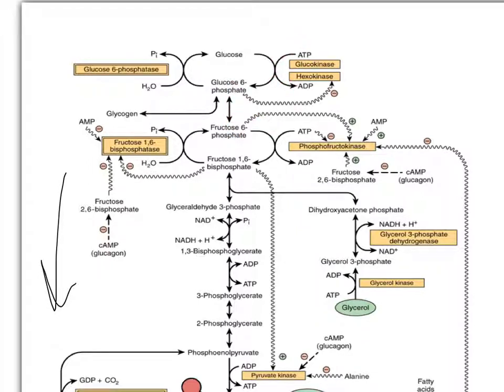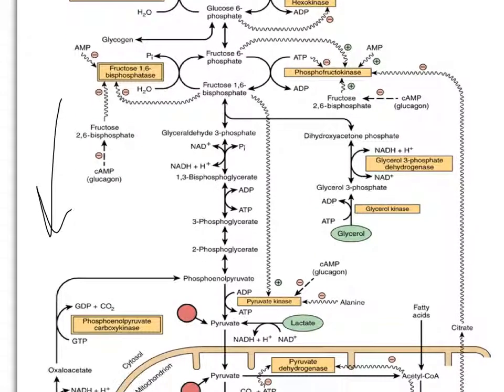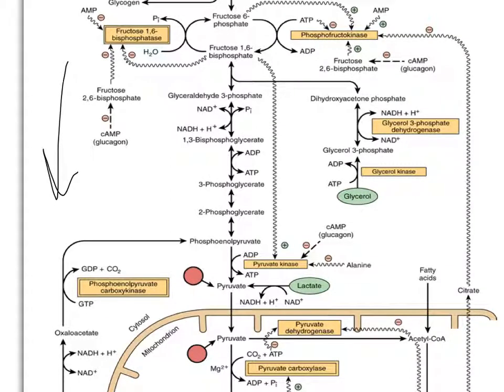This one is irreversible. Then fructose 6-phosphate, through an irreversible reaction with phosphofructokinase, converts into fructose 1,6-bisphosphate, which goes through a reversible reaction to glyceraldehyde 3-phosphate and dihydroxyacetone phosphate. Fructose 1,6-bisphosphate is 6 carbons, and it gets split apart into two 3-carbon molecules.